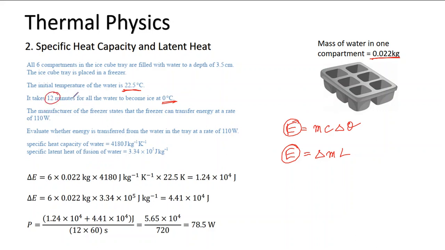Of course, you have to convert minutes to seconds. So this is the power. The question said the manufacturer of the freezer states that the freezer can transfer energy at a rate of 110 watt, but your calculation says otherwise. It says it transfers energy at a rate of 78.5 watt. So the claim is not correct.